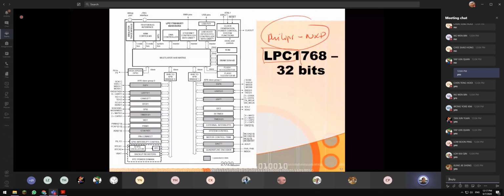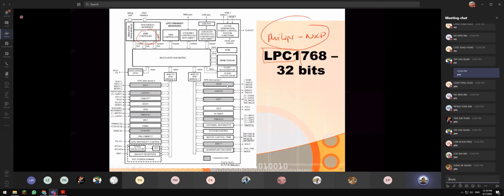But of course, this kind of microcontroller is very popular in the market because it has a built-in ARM Cortex-M3. This means the ARM Cortex proprietary design is licensed out to a lot of manufacturers, not like Microchip.